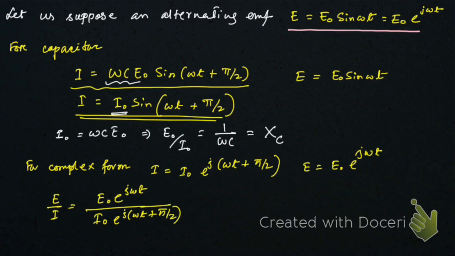So here we have E naught e to the power j omega t divided by I naught.